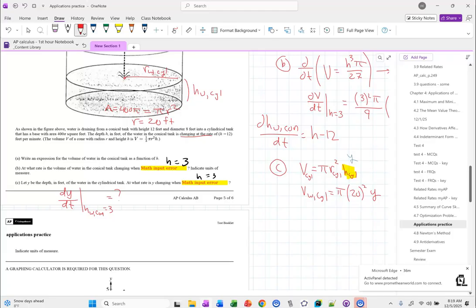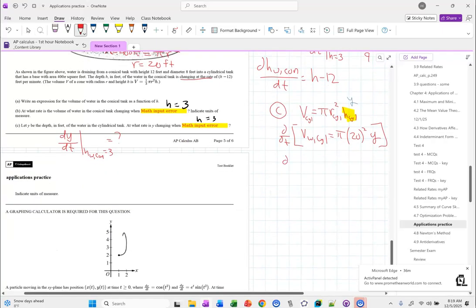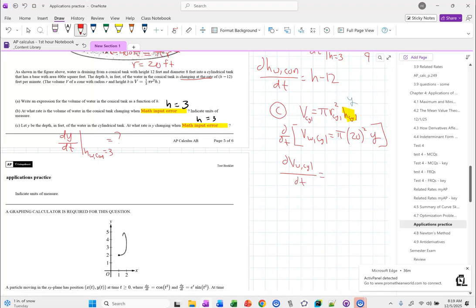Differentiate? Sounds good to me. So far, so good?